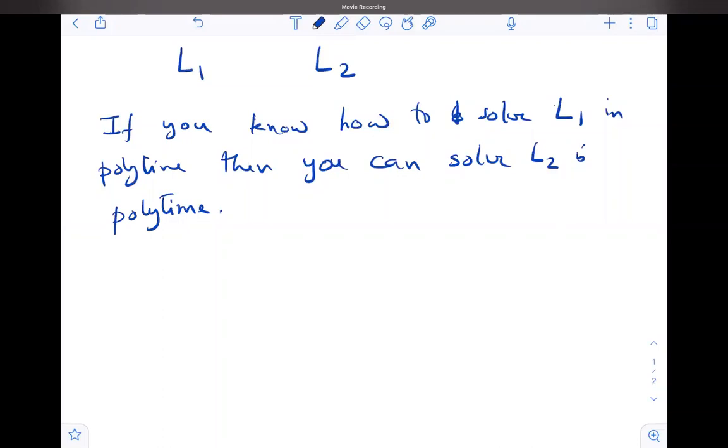So the person who's reducing. So you have a problem that you have to solve, and your friend has another problem that he knows how to solve. You have taken your problem, changed it to the problem that your friend is able to solve, and then you use your friend to solve it.